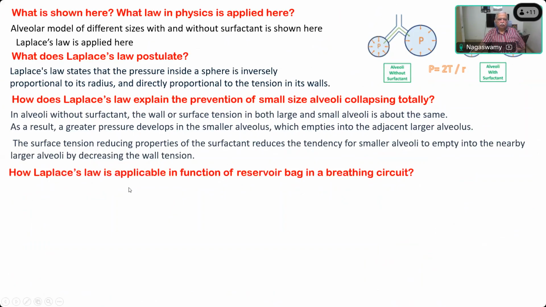And so here Laplace's law is applicable in the function of the reservoir bag in the breathing circuit. It's also applied in various situations, not only for alveoli; it is used in machines with regard to the circuit and also the cardiac sizes. So how does it get applied in the reservoir bag, the breathing circuit?